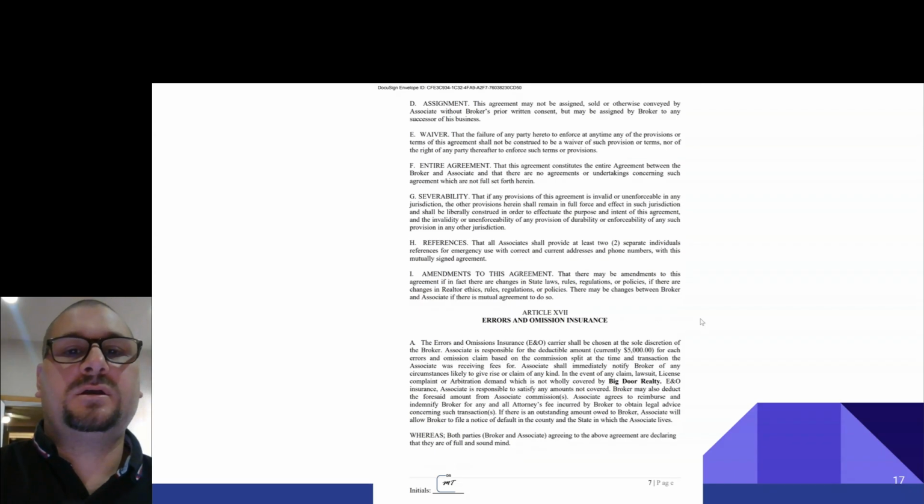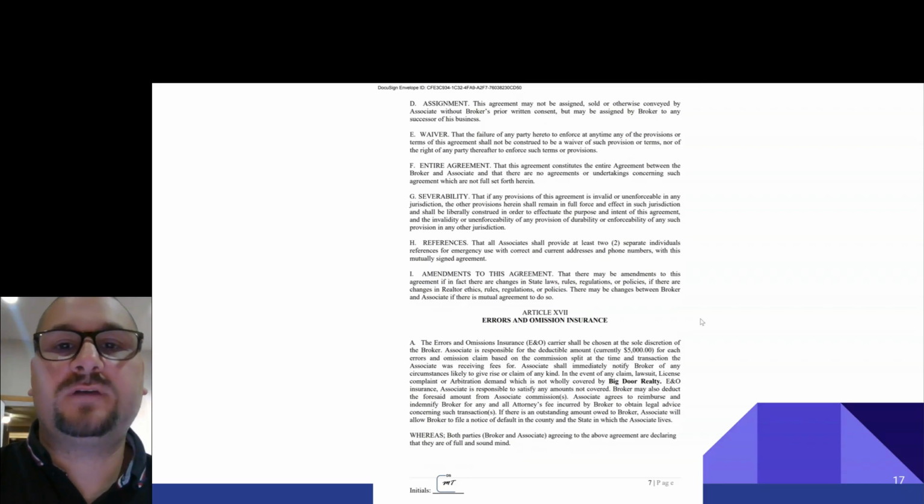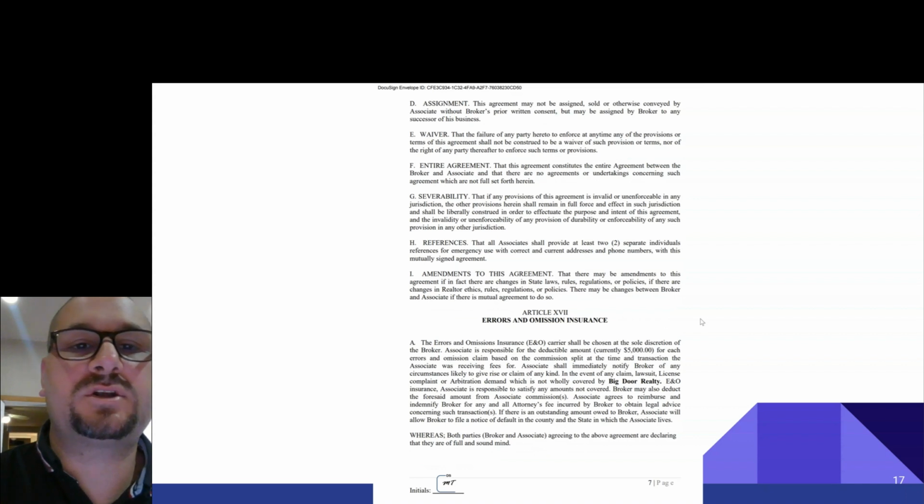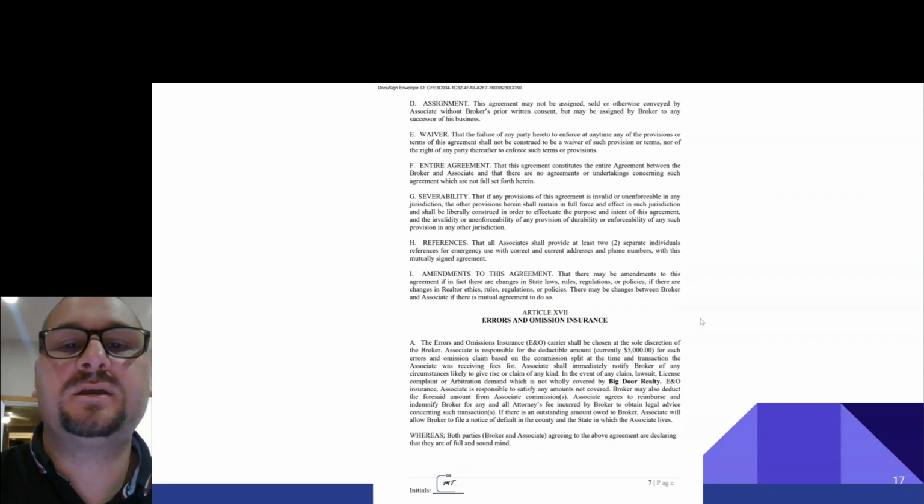Waiver. The failure of any party hereto to enforce at any time any of the provisions or terms of this agreement shall not be construed to be a waiver of such provision or terms, nor of the right of any party thereafter to enforce such terms or provisions.